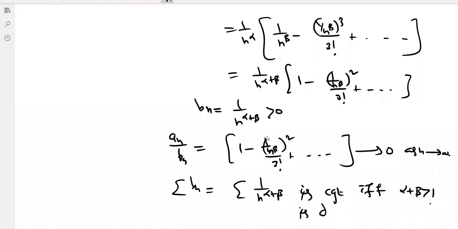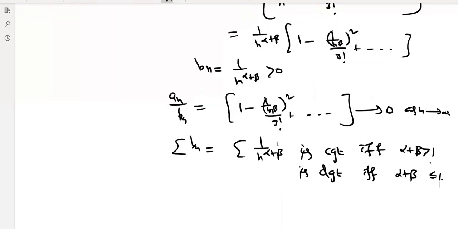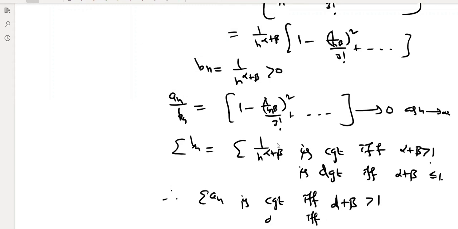This is divergent if and only if alpha plus beta is less than or equal to 1. So therefore, your original series is convergent if and only if alpha plus beta is bigger than 1. It is divergent if and only if alpha plus beta is less than or equal to 1. Right? This is about the limit comparison test.